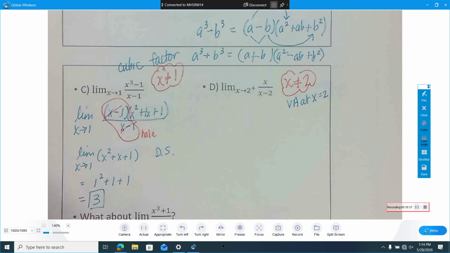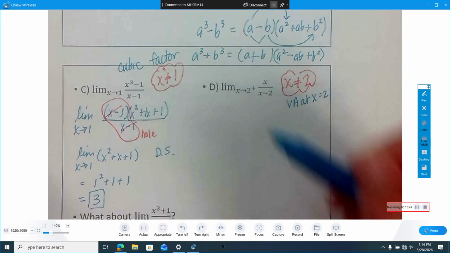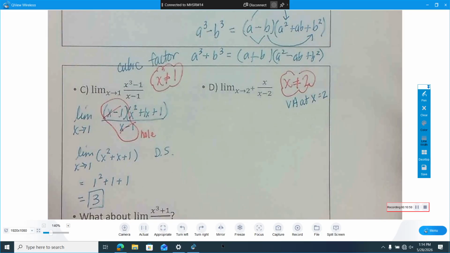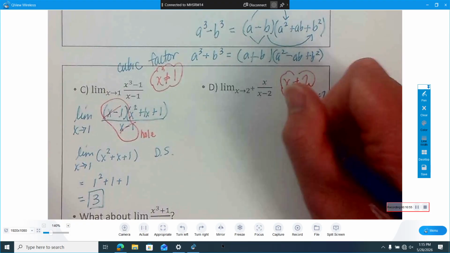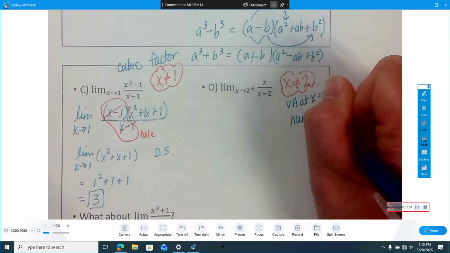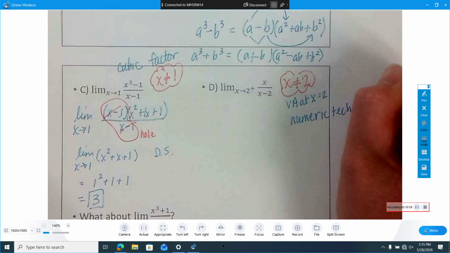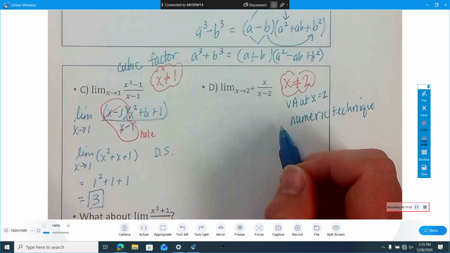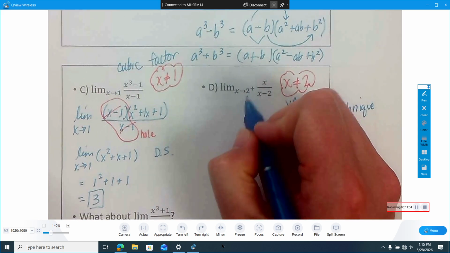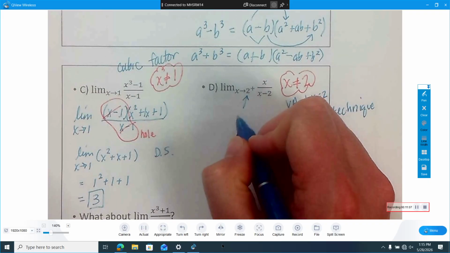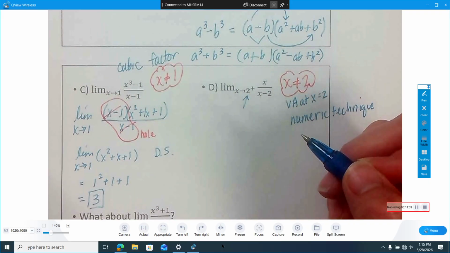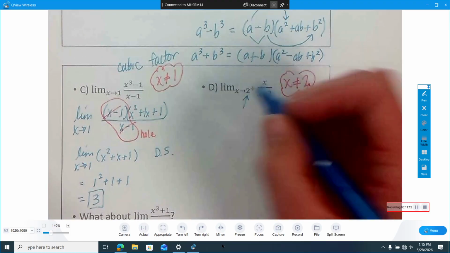So what we have to figure out is, is our function going towards positive infinity, or is our function going towards negative infinity? This function does not reduce, it does not simplify, I can't clean it up at all, so the only thing I can do is a numeric technique to figure out my limit. I am going to choose a number slightly larger than 2.